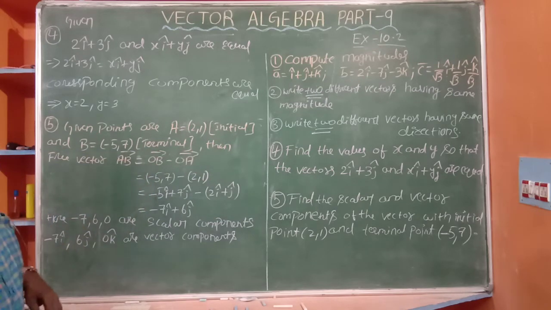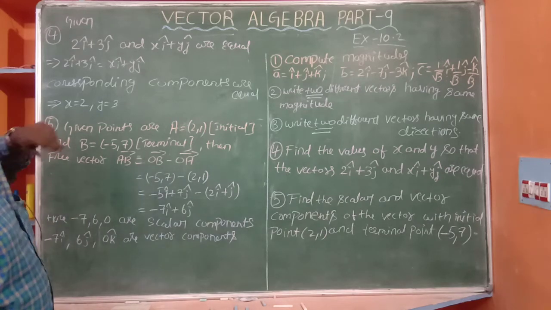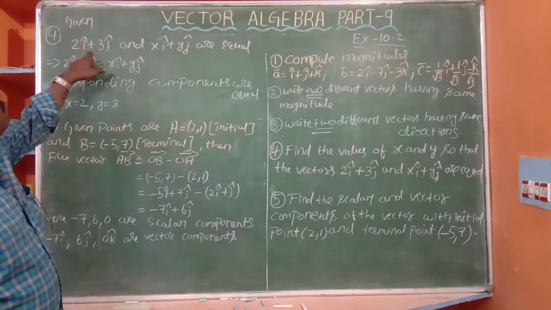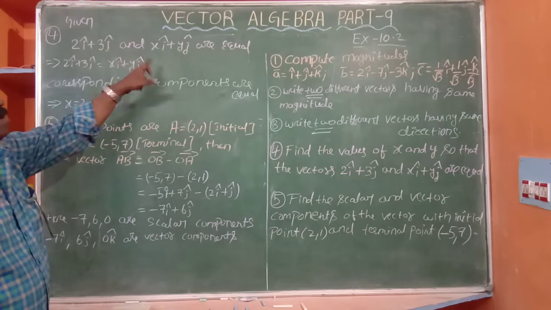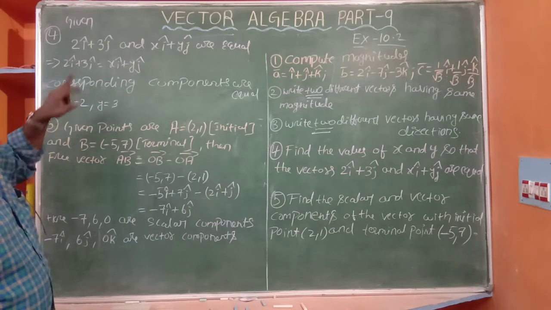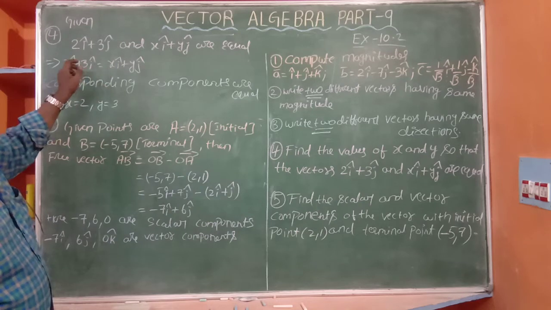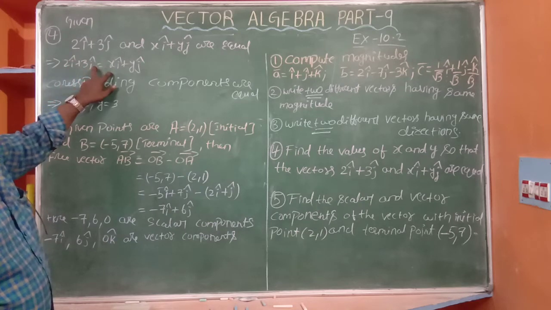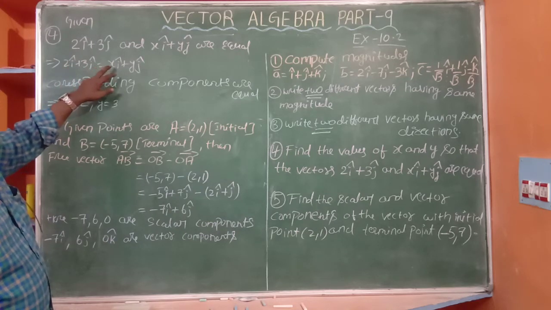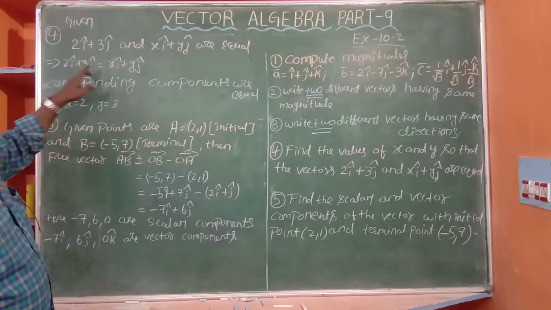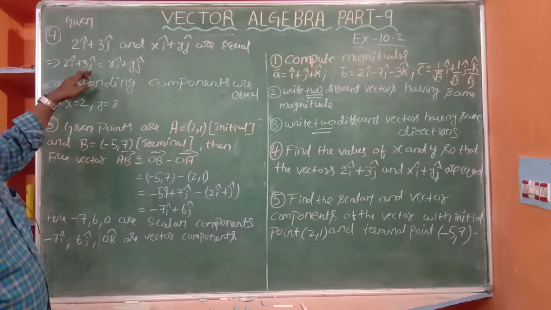You are given 2i plus 3j and xi plus yj as two equal vectors. Equal vectors means x is equal to 2 and y is equal to 3. Like that also we may solve.